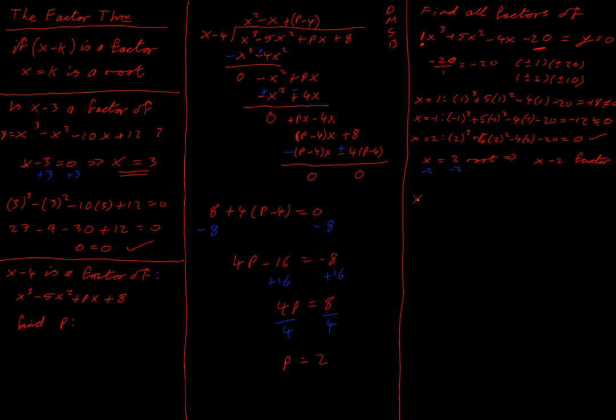Now, what we're going to do is use long division in order to find our missing factors. So x cubed plus 5x squared minus 4x minus 20. And we're going to follow the same steps here again.